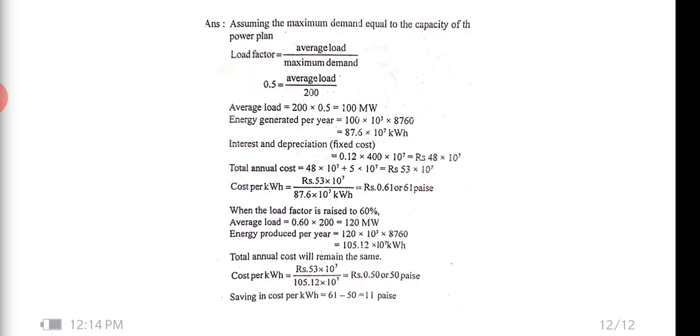Now the interest and depreciation, that is fixed cost, that is 12%, that is 0.12 into 400 into 10 raised to 7, because 400 crores I will write as 400 into 10 raised to 7. I multiply with 12%, that is 0.12. So you will get 48 crores, that is 48 into 10 raised to 7 rupees.